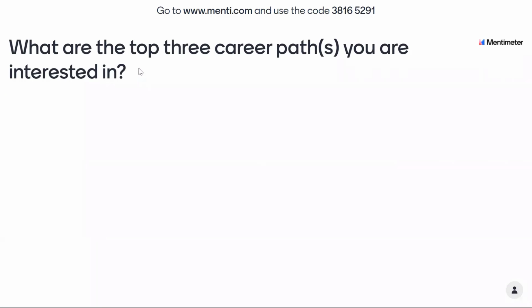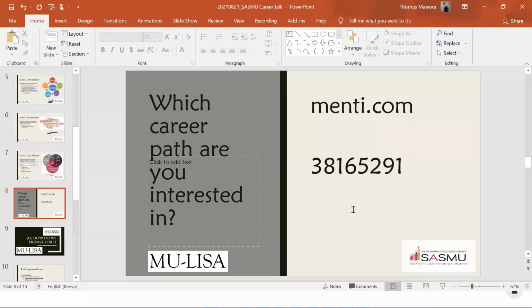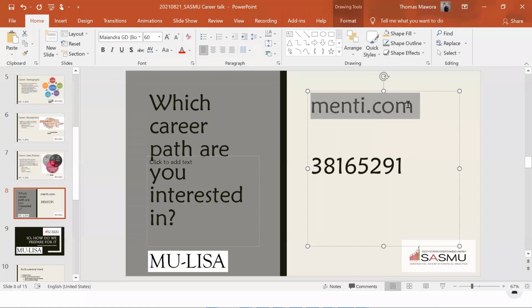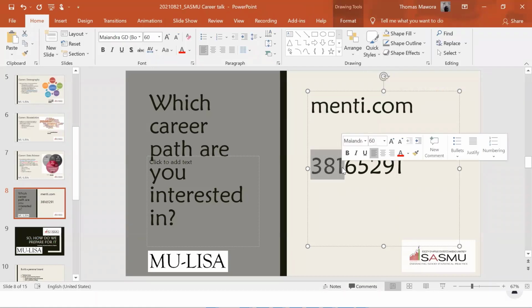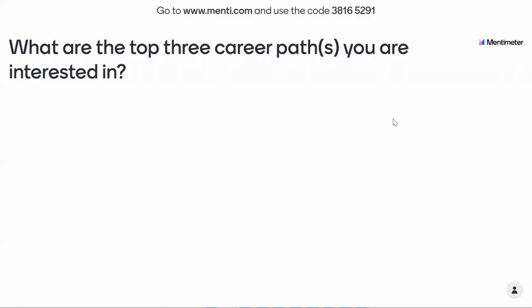So where do we enter? Just go to menti.com and then you use this number 381-65291.